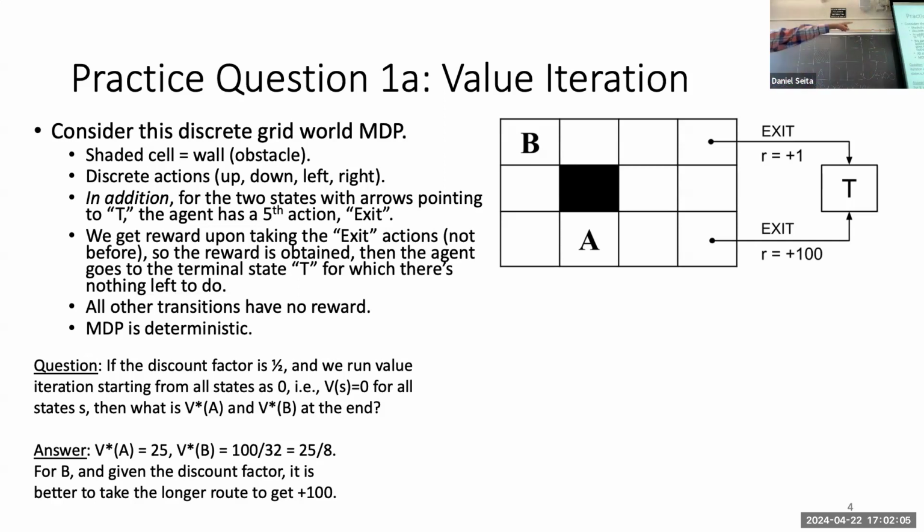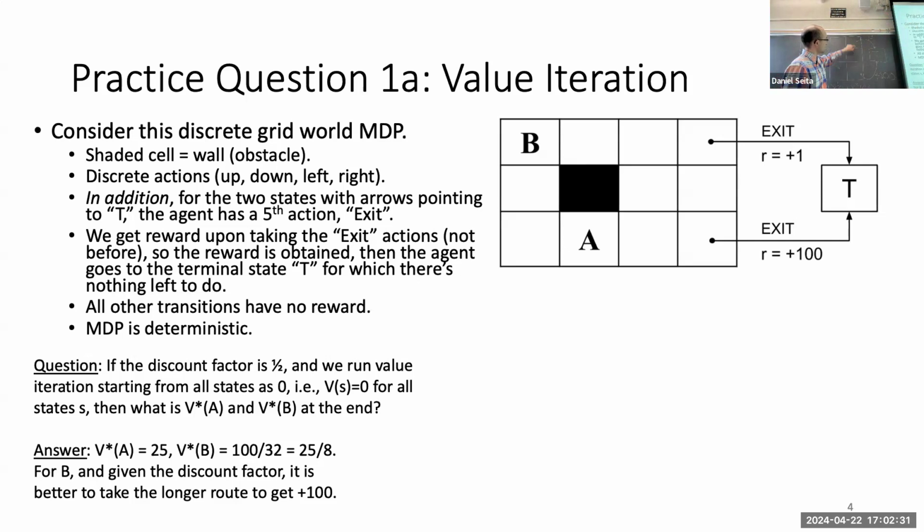Now, the more interesting thing is what happens at B. Does it make sense for B to go just right and then exit, or do you go right down, and then exit there? That's the interesting question. The way to think about it is, if the agent is over here, it can get +1 reward.